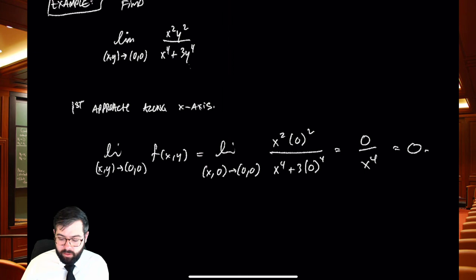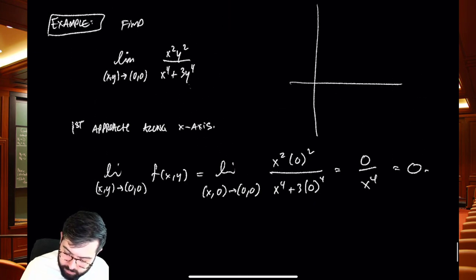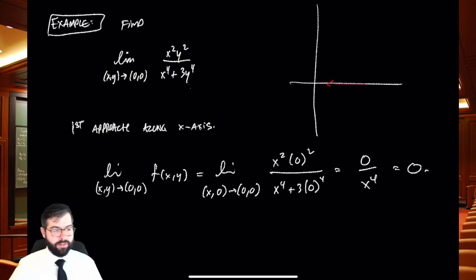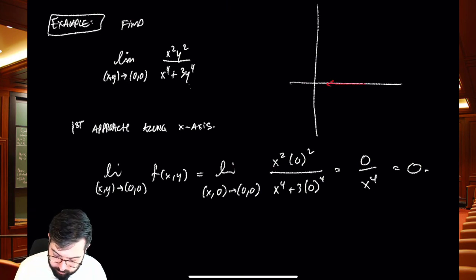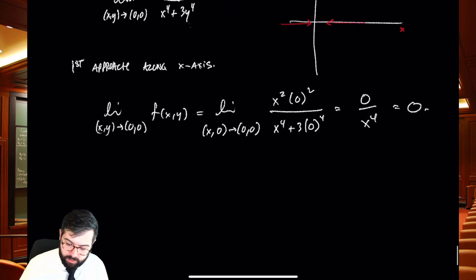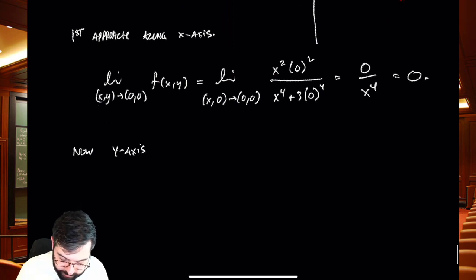So it would appear, as we're coming in on the x-axis here, that the height is approaching 0. And this is really coming in from both directions on the x-axis. Now we can come in on the other axis, and again, we'll hopefully get the same simplification.